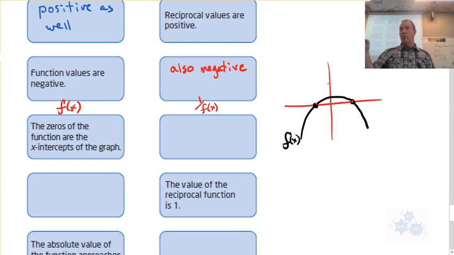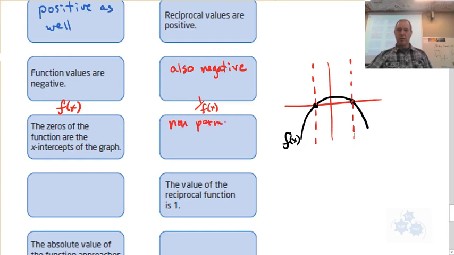Also, more specifically, what are they? Remember doing this? Vertical asymptotes. The stress could be on a different syllable. So non-permissible values, good, and vertical asymptotes. Okay, so that's these right here.